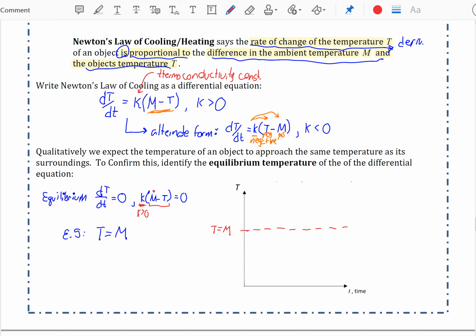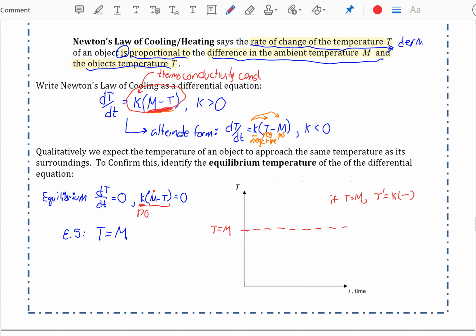Now imagine what the differential equation looks like if T, the temperature of your object, is greater than M. If T is greater than M, then your derivative T prime is going to look like K times M minus T. Now if T is larger than M, then M minus T is negative.